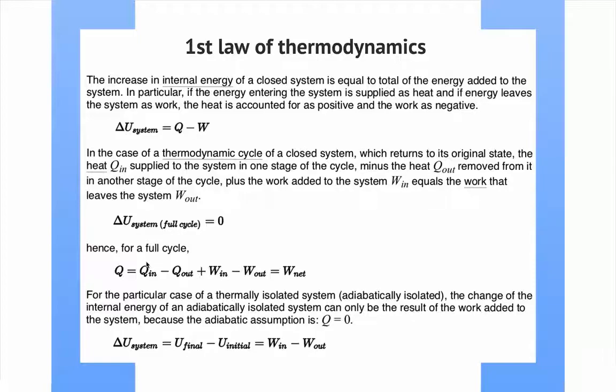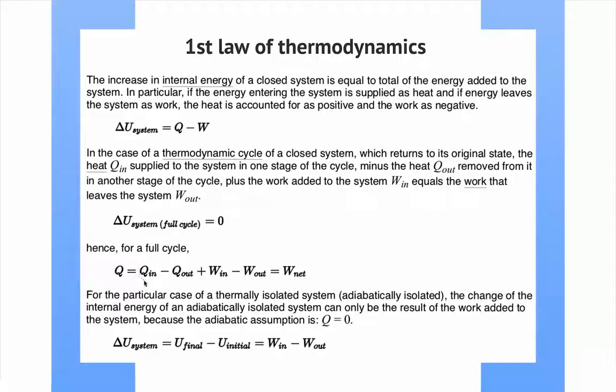Okay, so in other words, the change in the internal energy of a system during a full cycle, and we'll see what that means with some examples shortly, really means that it goes through a cycle. It means that the initial state and the final state of the cycle are the same, which means that the change in internal energy of the system is 0.